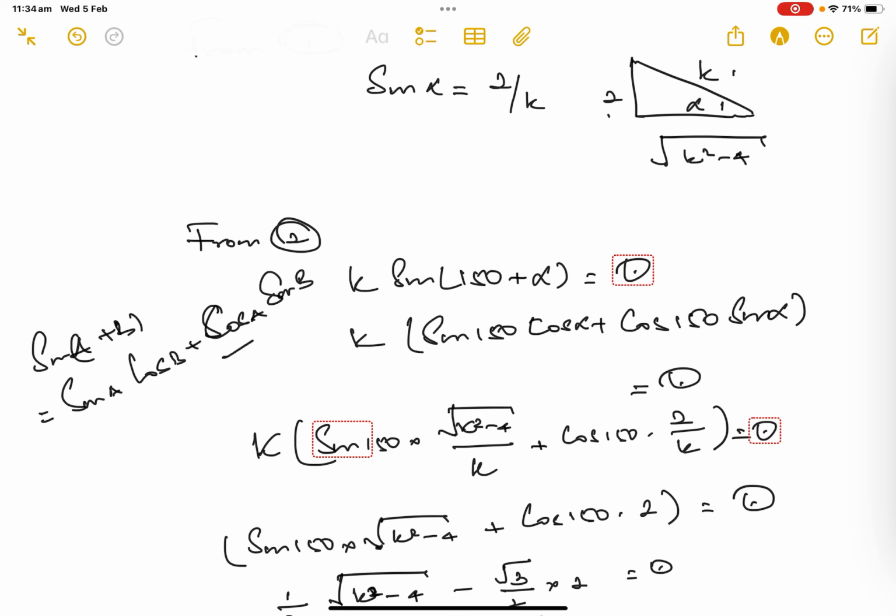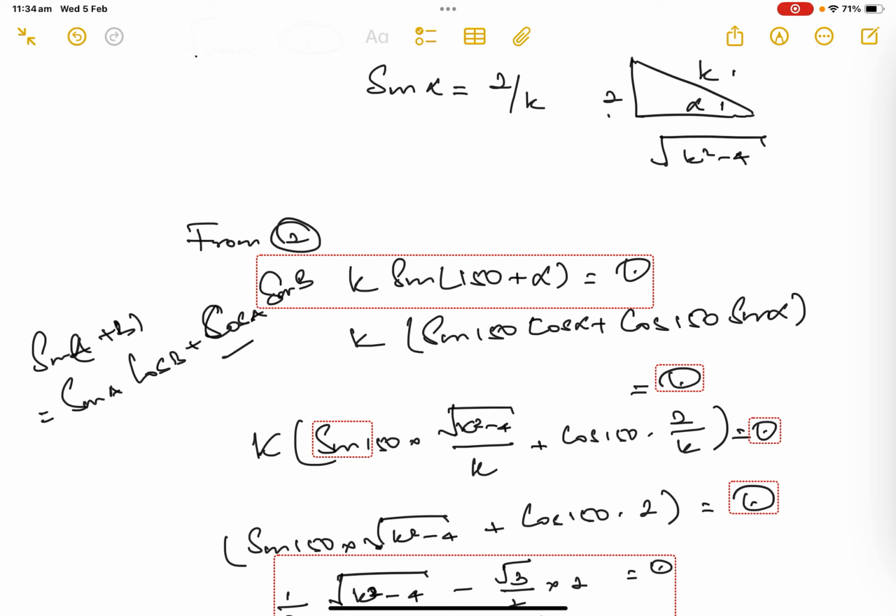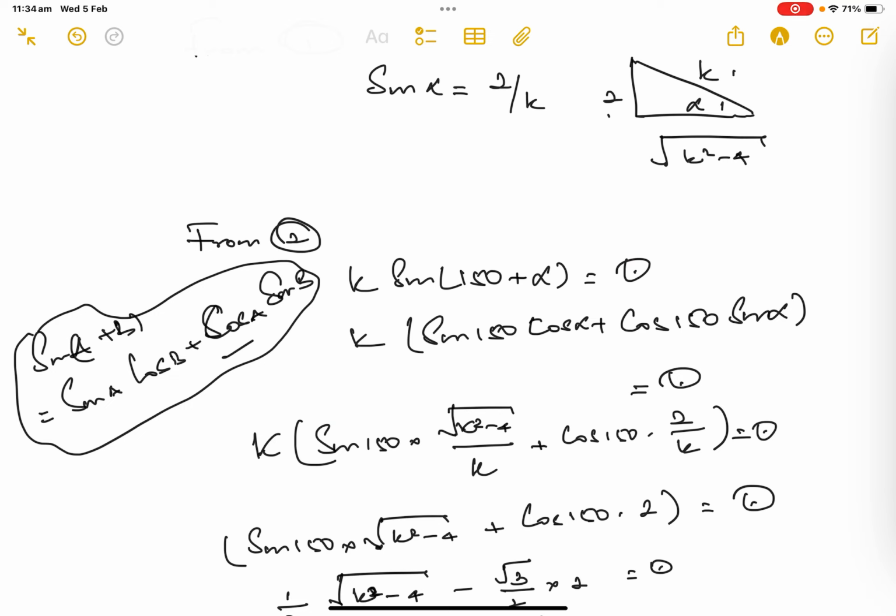That's what I have used. So sine 150 cos alpha plus cos 150 sine alpha. All I did was expand it using the trigonometry identity.